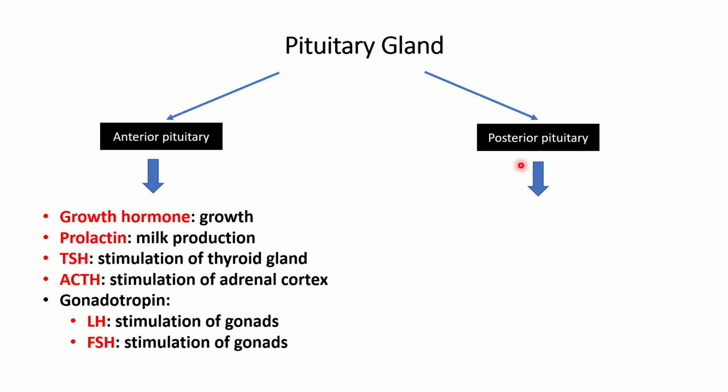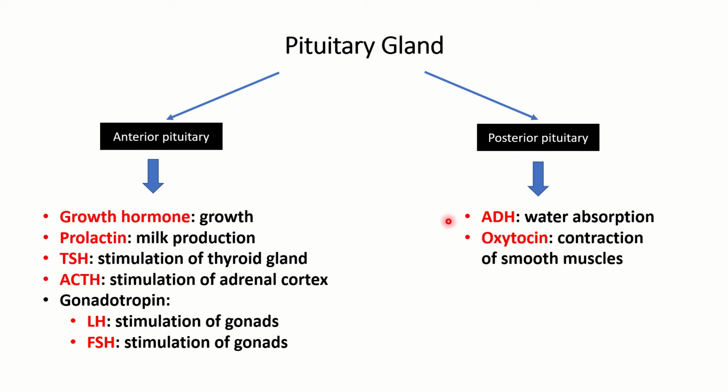The posterior pituitary gland doesn't make any hormone, but stores two different hormones, and if there is a need for it, it will be released from the posterior pituitary gland, because these two hormones are made in the hypothalamus. One is antidiuretic hormone, and that is absorbing water from the kidney and intestine.